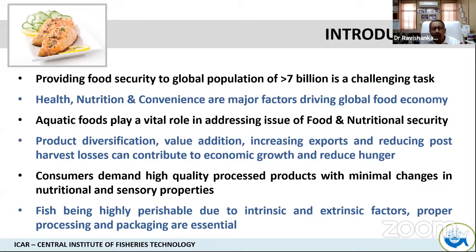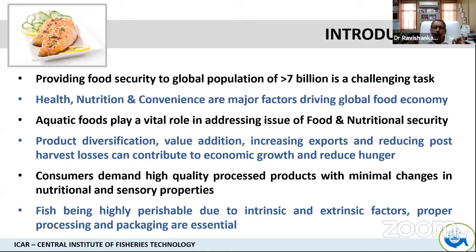We are giving a convenient product to the consumers. In that case, aquatic products are going to play a major role. I'm sure all of you will agree, because compared to all other foods, aquatic products will address both food security as well as nutritional security.